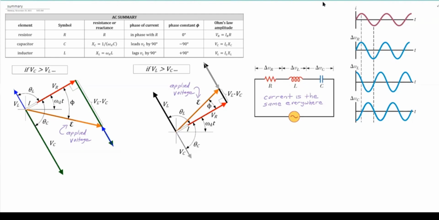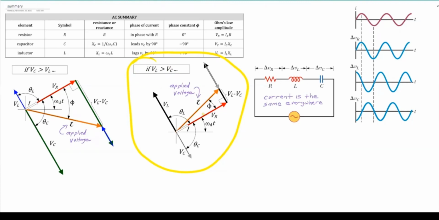Let's take a look at this phasor diagram right here. If my voltage across the inductor is greater than the capacitor, we don't really care about that right now.